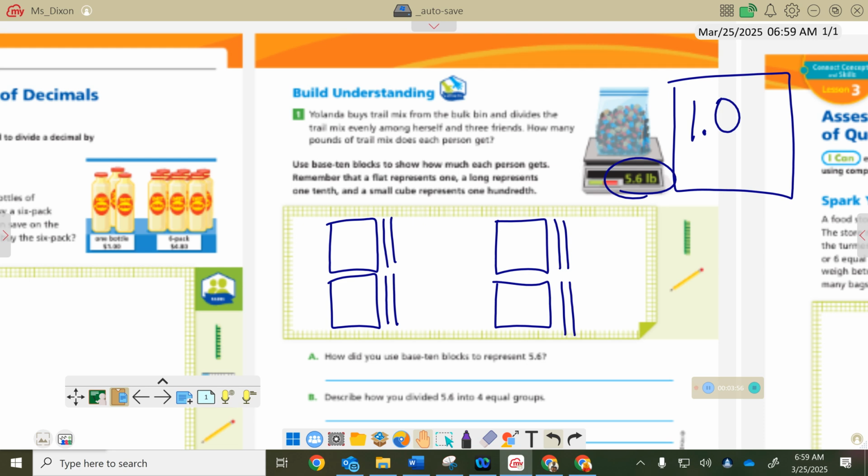So that means we're going to have 2/10 left from the 1 whole, plus 1, 2, 3, 4, 5, 6/10. How many tenths does that leave us to have to share among our 4 people? Well, that's 2/10 plus 6/10, which is 8/10.